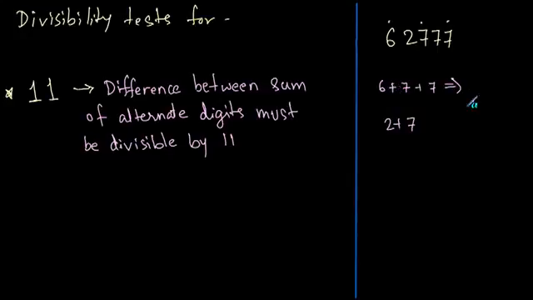So 6 plus 7 is 20, and 2 plus 7 is 9. And it says that the difference between sum of alternate digits. So we have summed up alternate digits, we have to calculate the difference. So the difference is 20 minus 9 is 11, and if this is divisible by 11, then the number is divisible by 11, otherwise it's not divisible by 11.